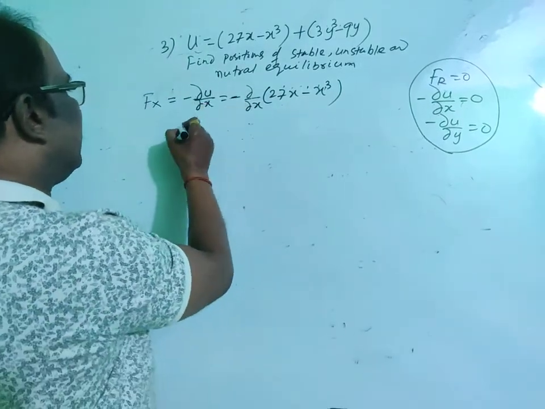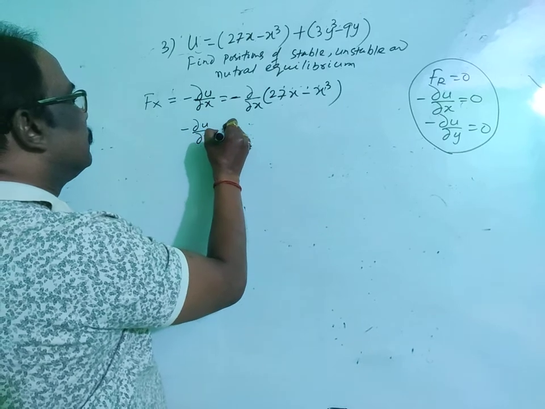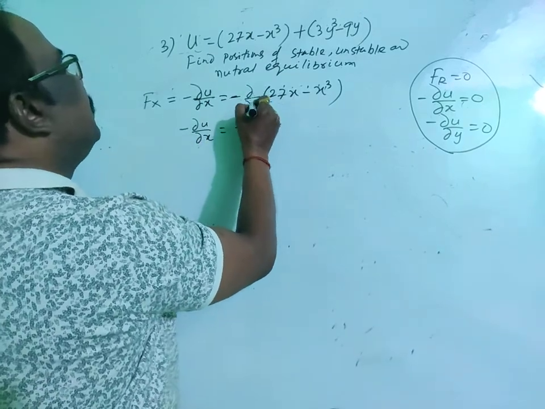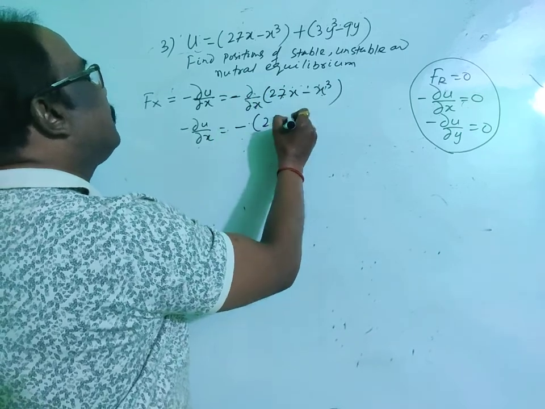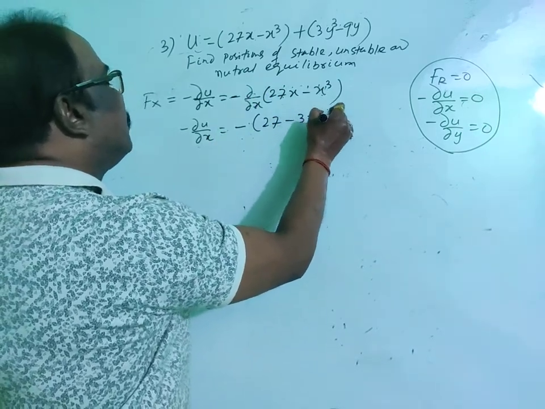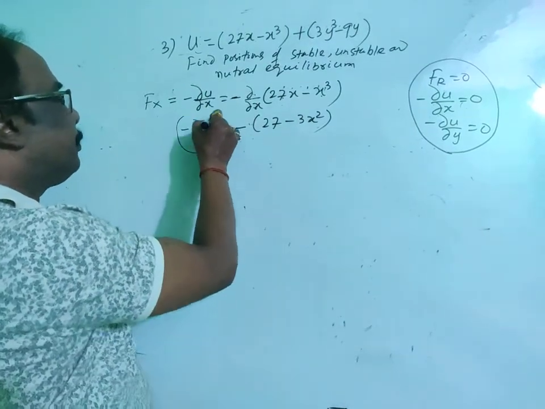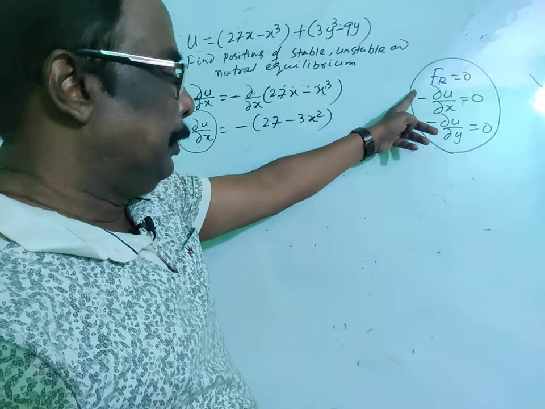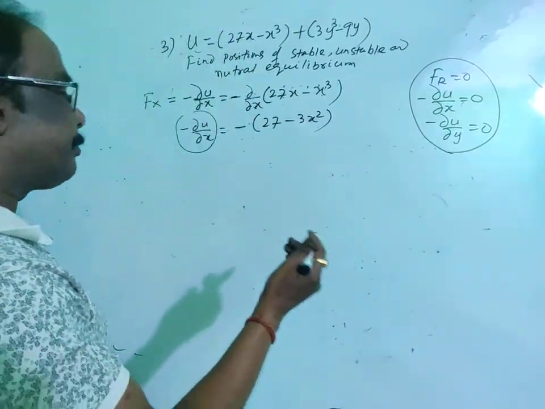Then minus d by dx of 27x is 27, and d by dx of x cube is 3x square. But du by dx is 0. Then what will we get?